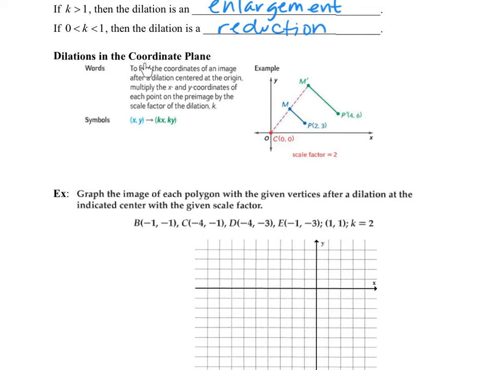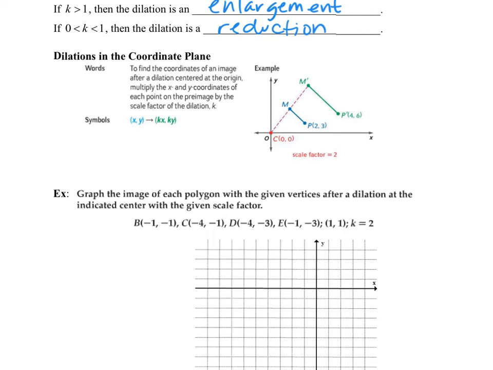Now let's talk about dilations in the coordinate plane. To find the coordinates of an image after a dilation centered at the origin, multiply the x and y coordinates of each point on the pre-image by the scale factor of the dilation, which is k.